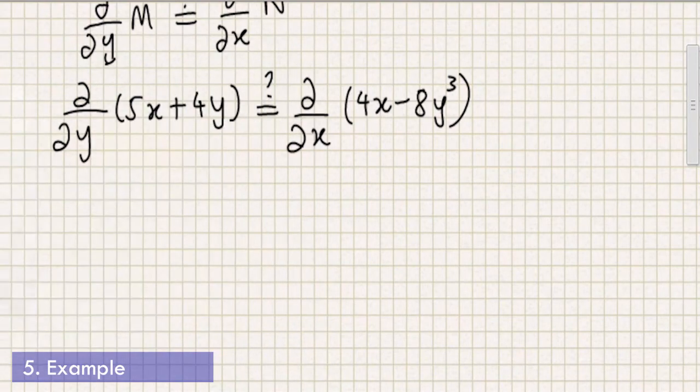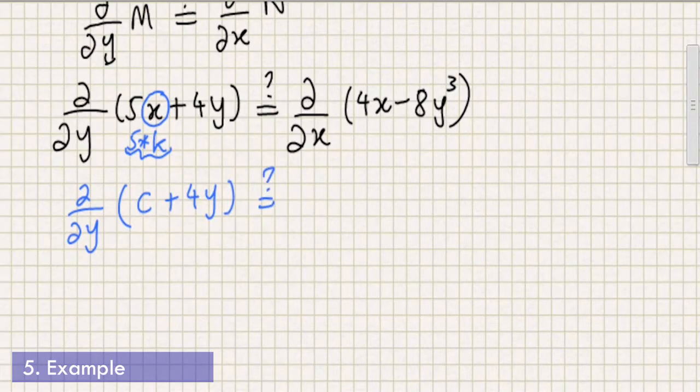This can be a bit tricky, so I recommend that if you see an x anywhere, because we're differentiating with respect to y, simply change it to a constant and name it k. So ∂/∂y of, when k is multiplied with 5, what will it become? It will become a new constant, right? So let me call that new constant, 5 multiplied by k, c, plus 4y. And similarly I'm going to do the same thing over here.